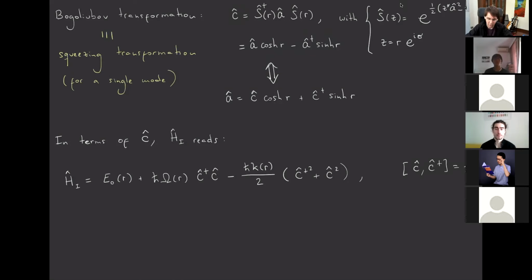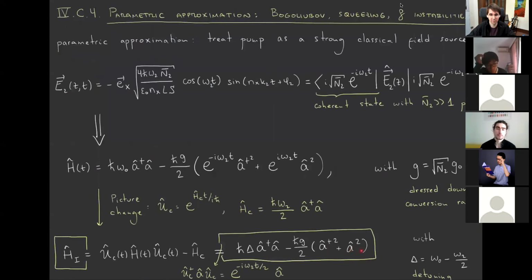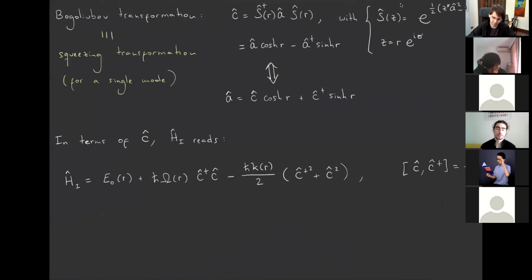Then I will give you in a second exactly what omega of R, kappa of R, and E0 of R are. But the first thing that you might tell me is, did we gain something from this transformation? Because the form of this Hamiltonian is exactly the form that we had already. However, what's important is that now we have a parameter R that we can choose.